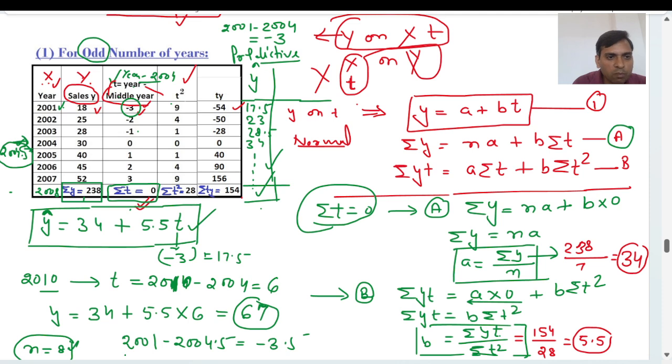To remove this complexity, we will multiply this quantity by 2, so 2 into 3.5 gives minus 7. Now you will see the first quantity as minus 7, the second minus 5, minus 3, minus 1, then 1, and so on. The summation of this column equals 0. The rest of the methodology is the same for the time series concept.